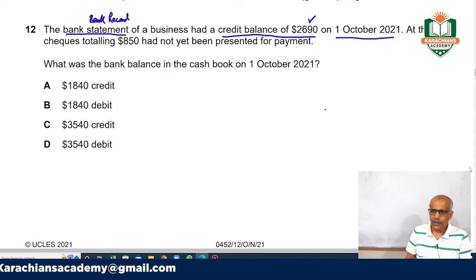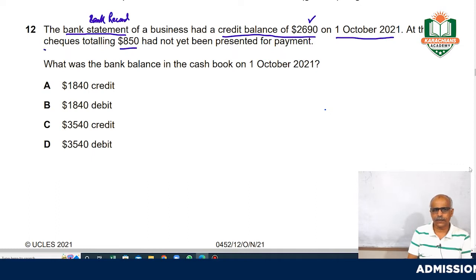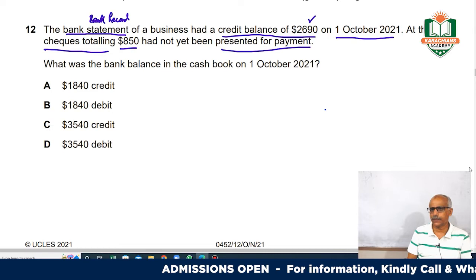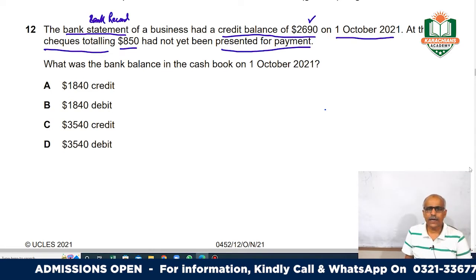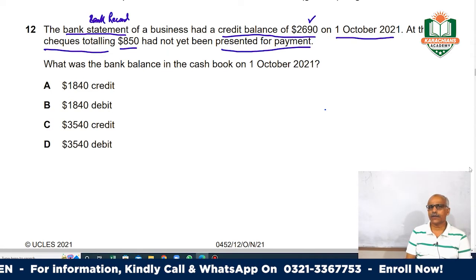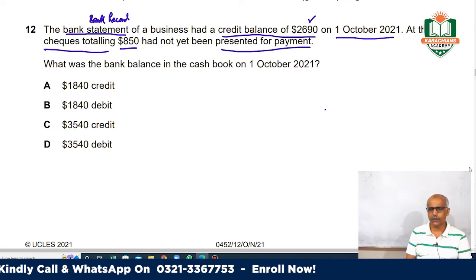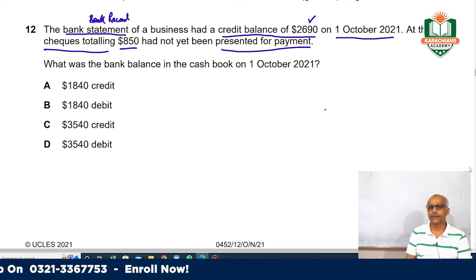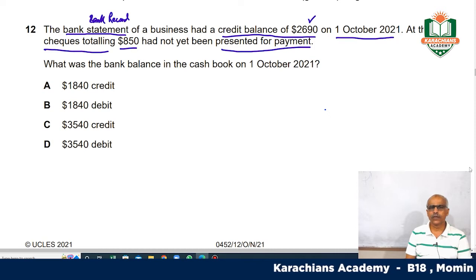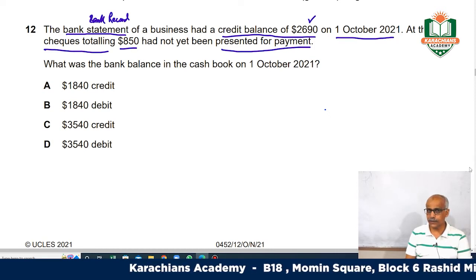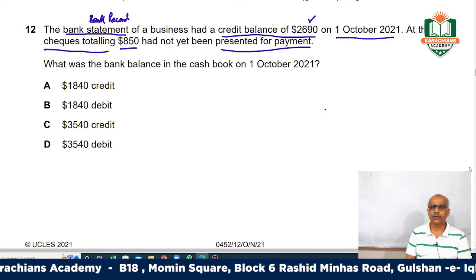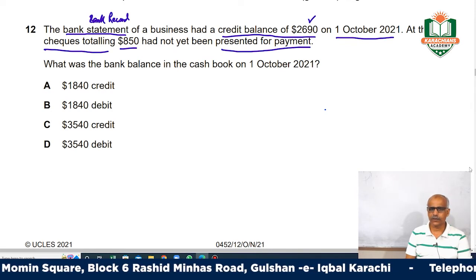At that date, checks totaling 850 had not yet been presented for payment. These are checks that your business has issued as payment, but they are not appearing in the bank statement.